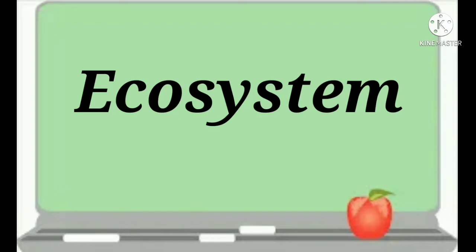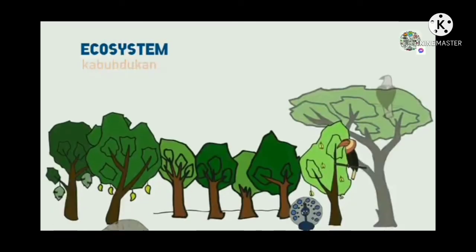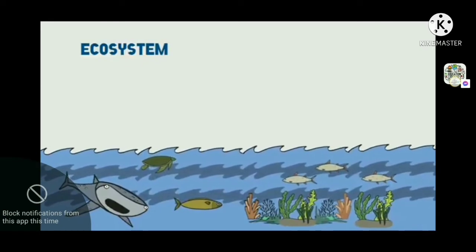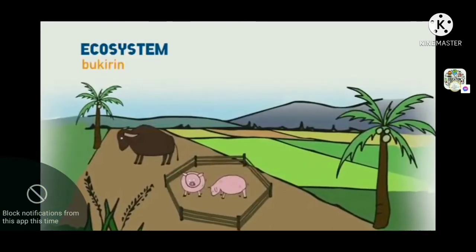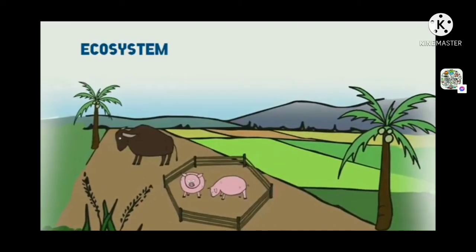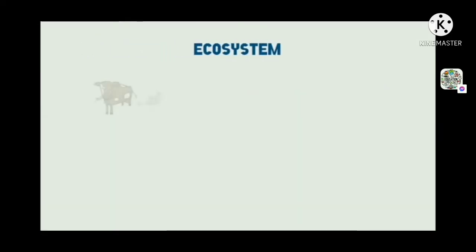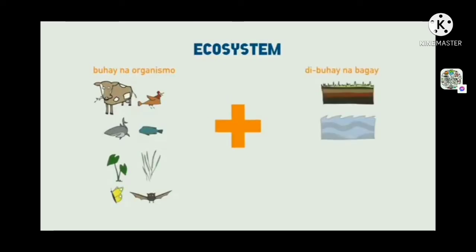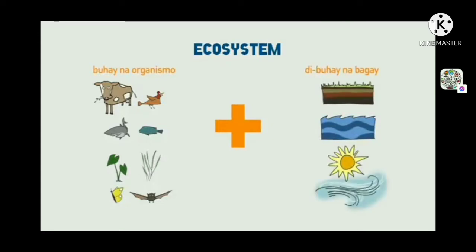Also, the ecosystem is the coverage of biodiversity, such as forest, mountain, river, and the ocean, including the man-made, which is yung mga sakahan, bukirin, at iba pa. The ecosystem consists of living things and the non-living things, which is the ocean, land, sun, and the climate.